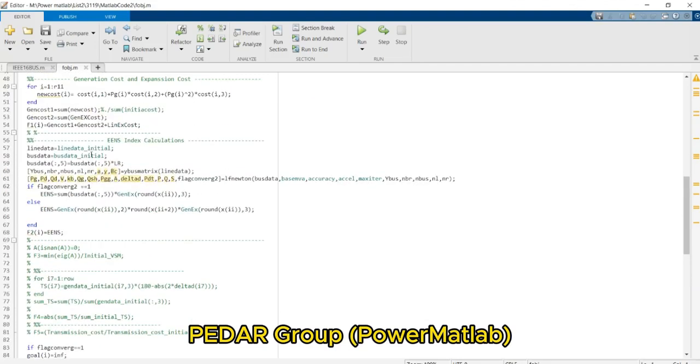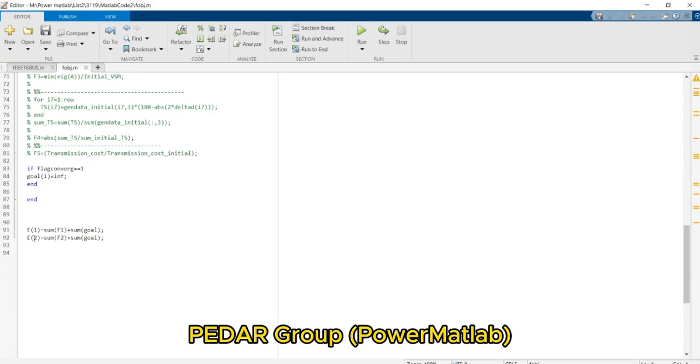As you can see here, the ENS index is calculated here for different scenarios of ENS, and you can see the second objective function, and the total objective function is related to the first objective function and second objective function.